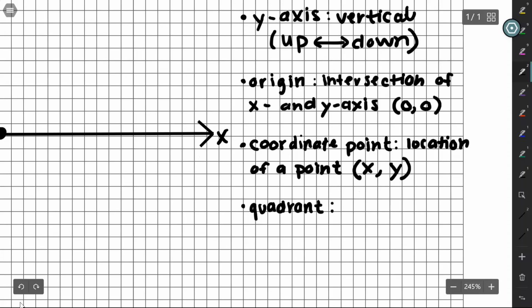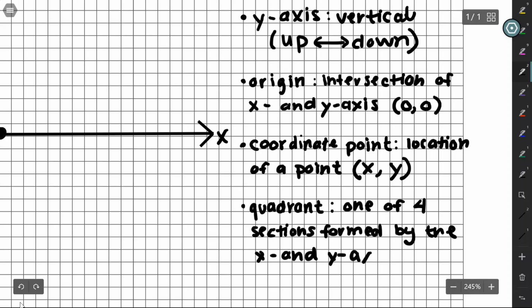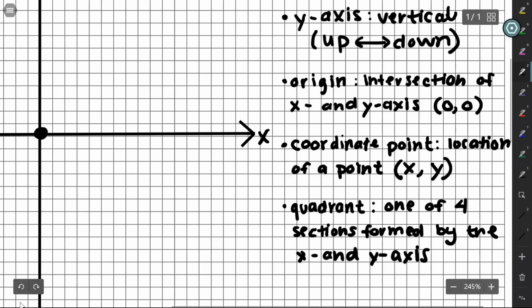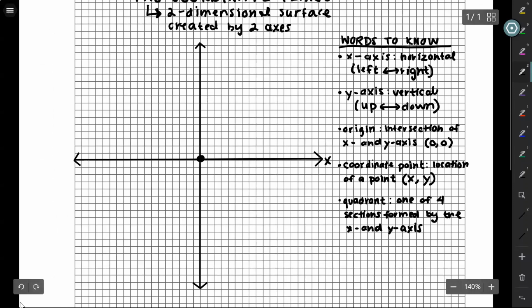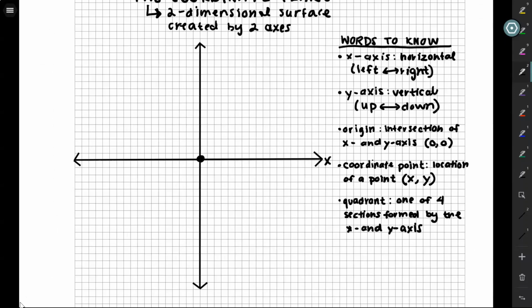And a quadrant is one of four sections formed by the x and y axis. We're going to go through each of these and I'm going to show you their location on the actual coordinate plane.